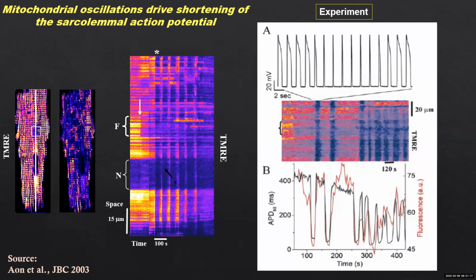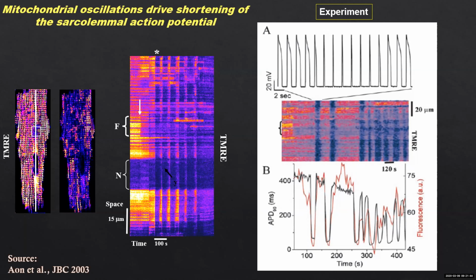So then, mitochondrial criticality and oscillations can escalate from the subcellular to the cellular level. For testing this experimentally, we recorded simultaneously the mitochondrial membrane potential and the plasma membrane potential in a cardiac myocyte, which, as I said before, are independent and maintained by different mechanisms.